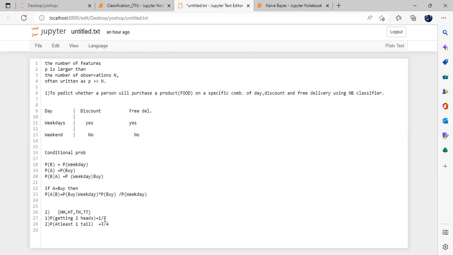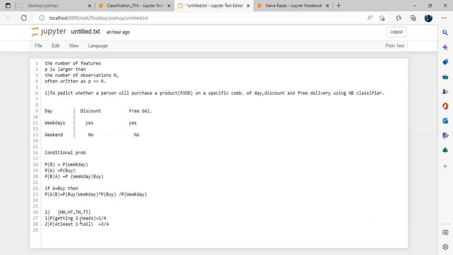You can observe that for the probability of getting two heads, only here you will get the two heads. So 1/4: your total number of observations is 4, and from 4 you will get it only one time.